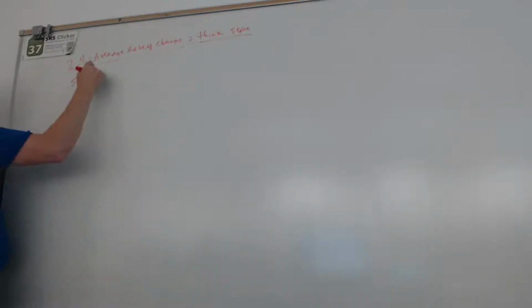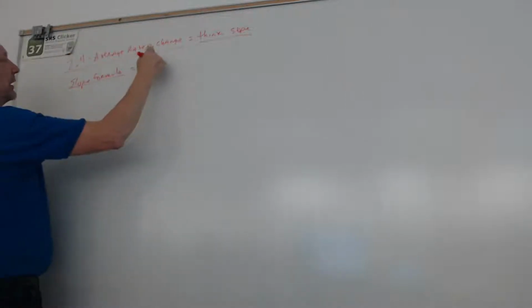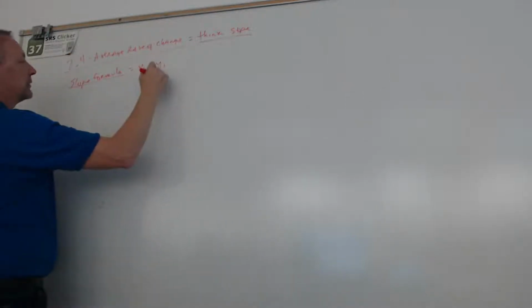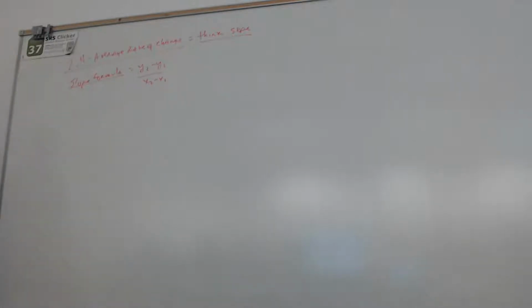Now, you guys remember the slope function, right? What's the slope formula? What is it? y2 minus y1 over x2 minus x1. And honestly, I don't care whether you have the 1 first or the 2 first, it doesn't really matter.